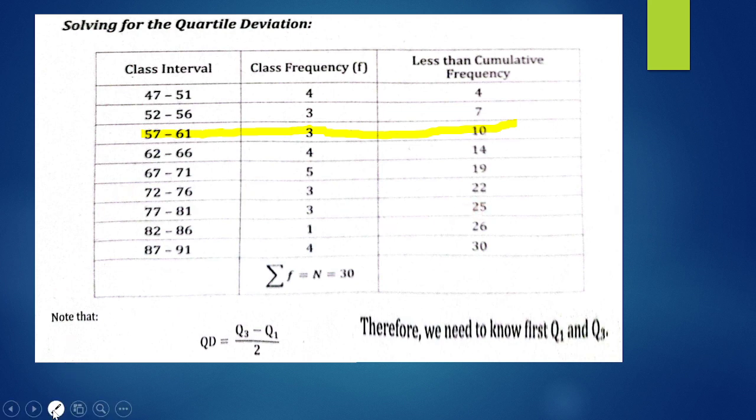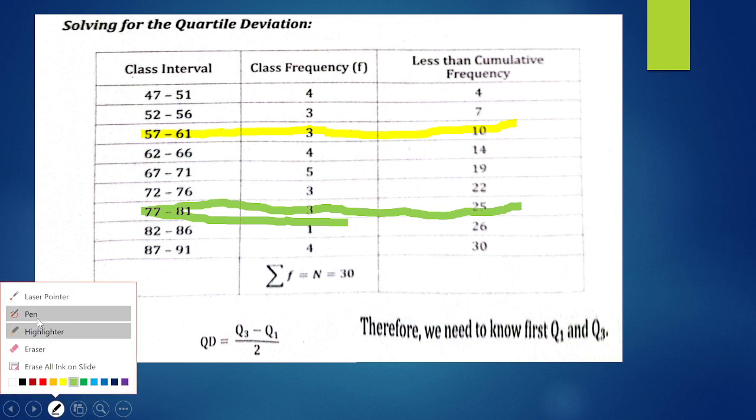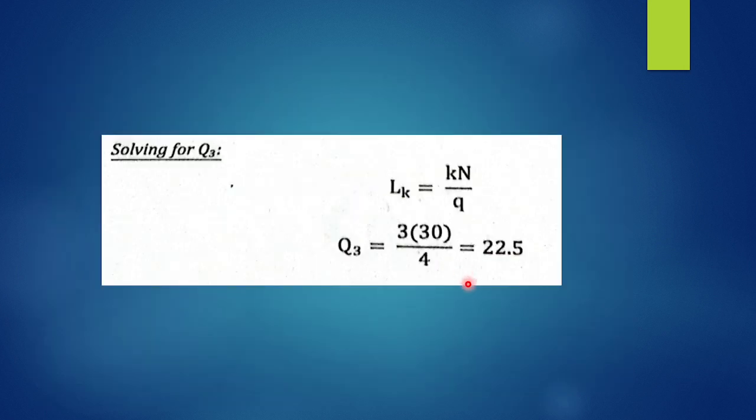Okay, atong butangan og highlight niya color green. Okay. So this is the Q3 class. Okay, good. So this is 25, no? And 30 for the class frequency. Ang before is 22. Okay, let us try to check.